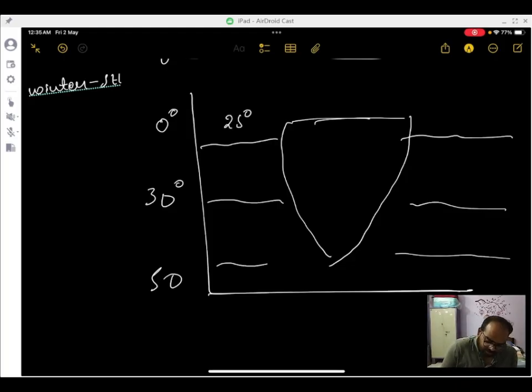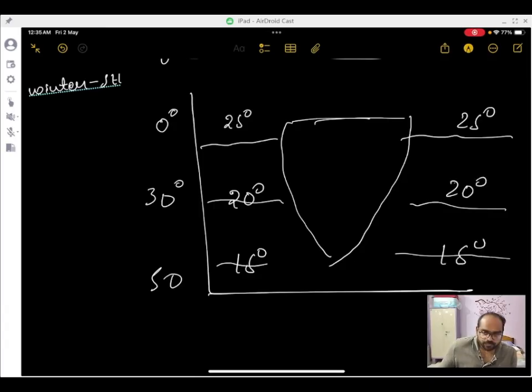Let's say it is 25 and 20, 15. Similarly, oceans 25, 20, 15. Okay. And land would be much cooler compared to oceans. So 20, 15, 10.